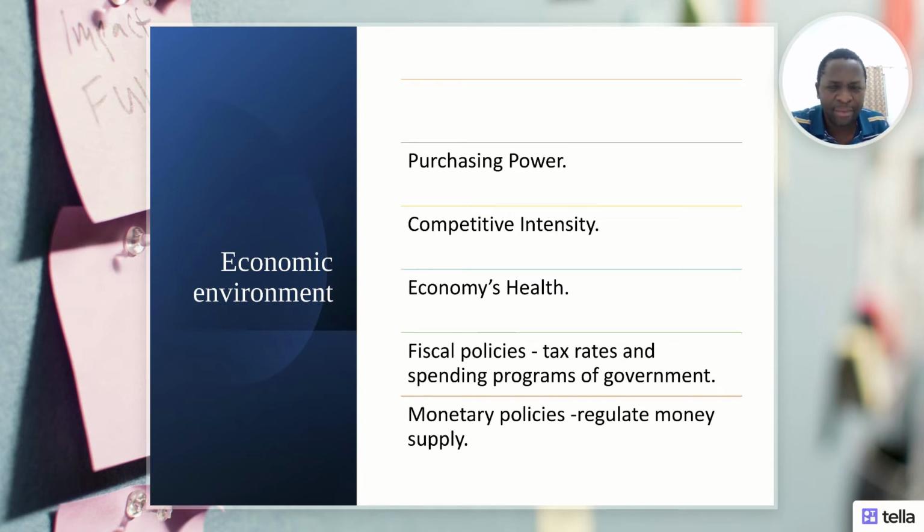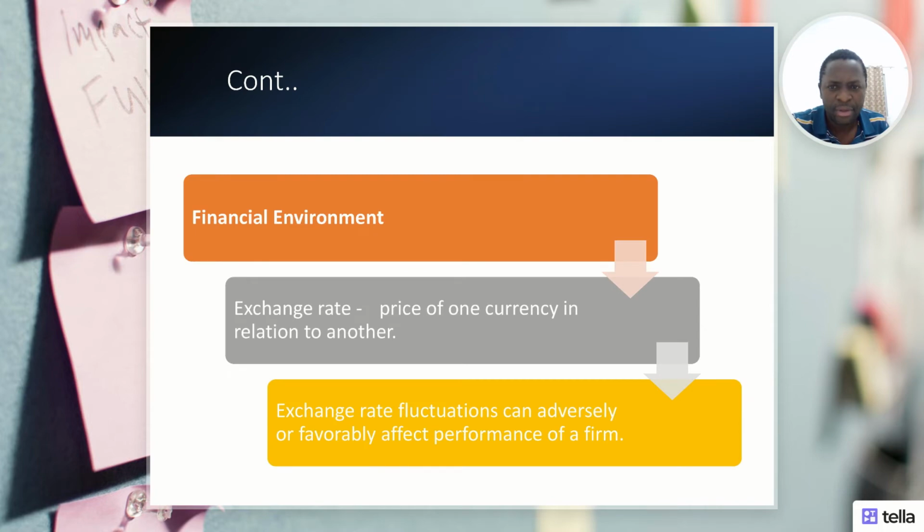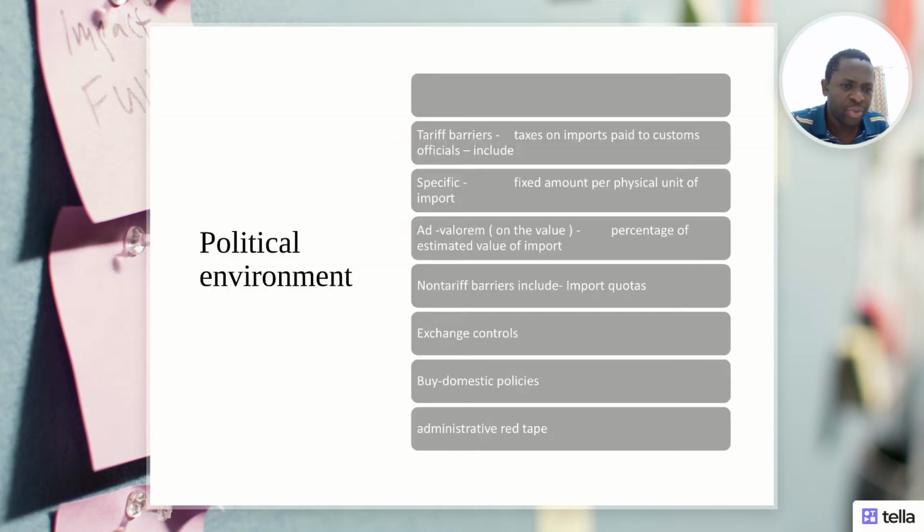Then these are the variables you need to take into consideration when you are discussing the economic environment. You need to look at purchasing power, the competitive intensity, the economy's health, and fiscal policies which may exist. All these aspects need to be understood in a much broader way. Financial environment: you need to understand exchange rates and exchange rate fluctuations, because these have a very big impact on your return on investment.